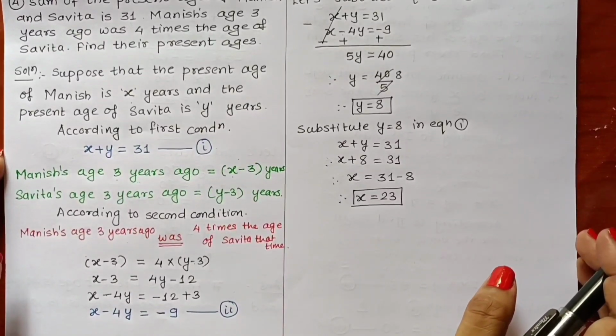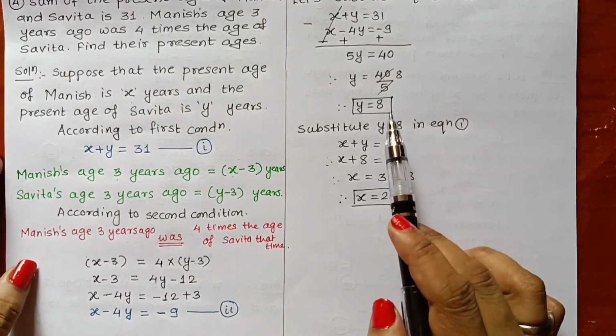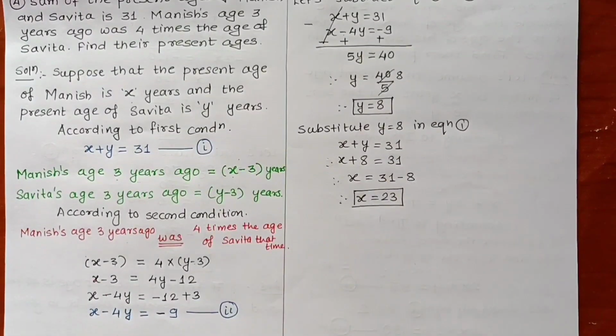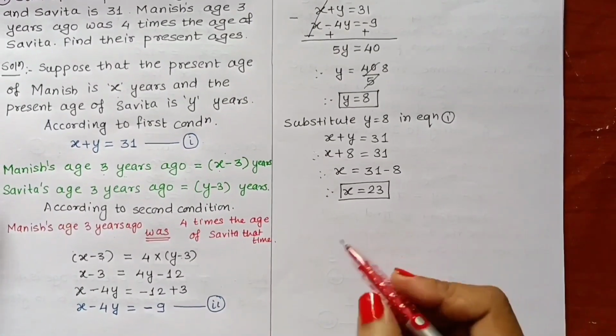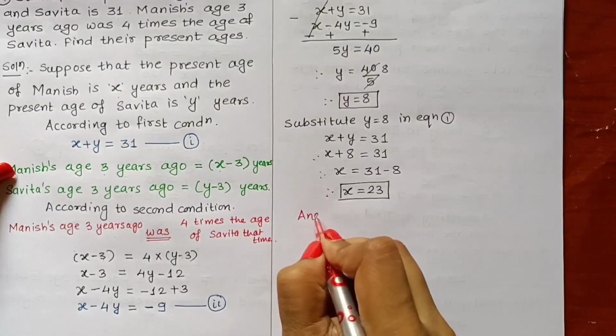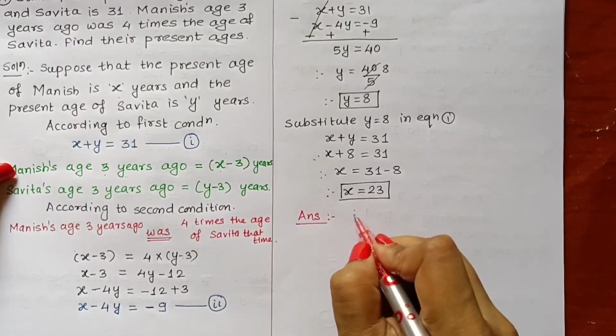Because Manish's age we have taken x years and Savita's age we have taken y years. So let us write the answer statement. Answer statement, very important, this you have to write in the end.